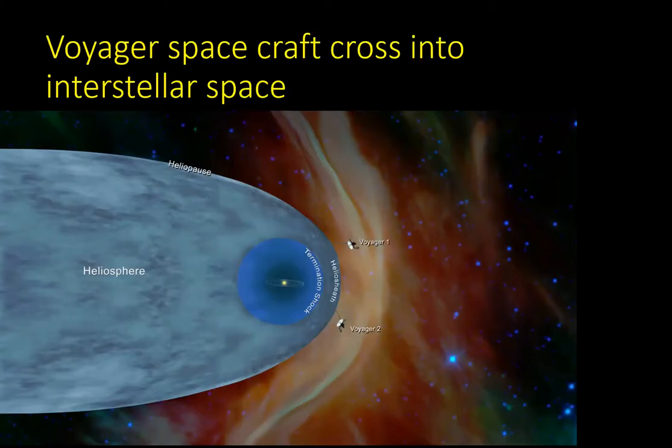The solar wind gradually slows down and loses its momentum as it's climbing away from the gravity well of the sun, to the point where the pressure from the interstellar medium overwhelms it, causes it to stop.